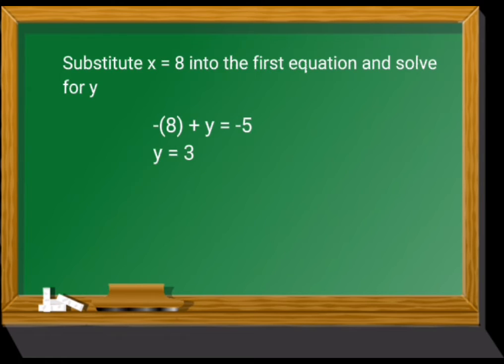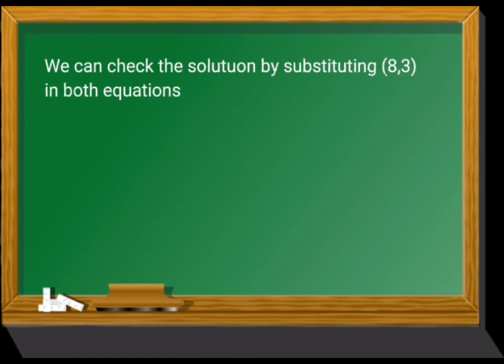Negative 8 plus y equals negative 5. So we have y equals 3. And our solution is (8, 3). We can check the solution by substituting (8, 3) in both equations.